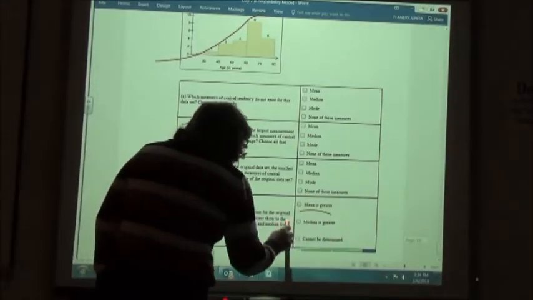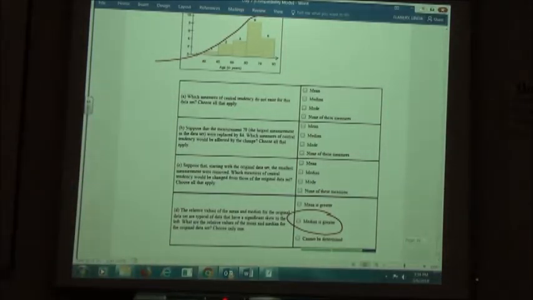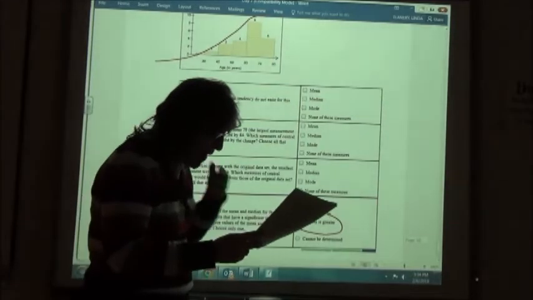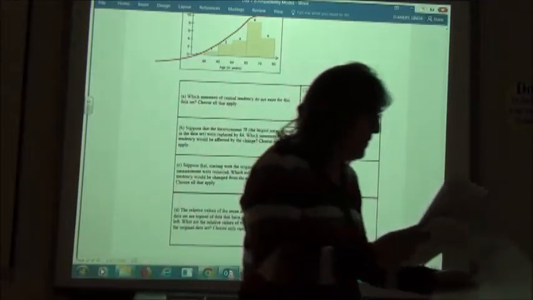The median is what ends up being greater. I'm pretty sure in the book there's a table that says if it's skewed to the left, the median's greater. If it's skewed to the right, the mean will be greater. And I'm pretty sure that's what I did as I looked it up in the book. I'll have to read that again to figure out what it was talking about.